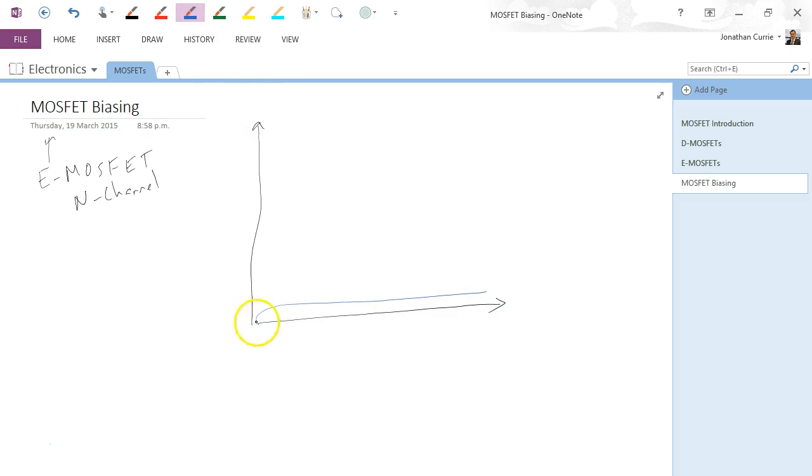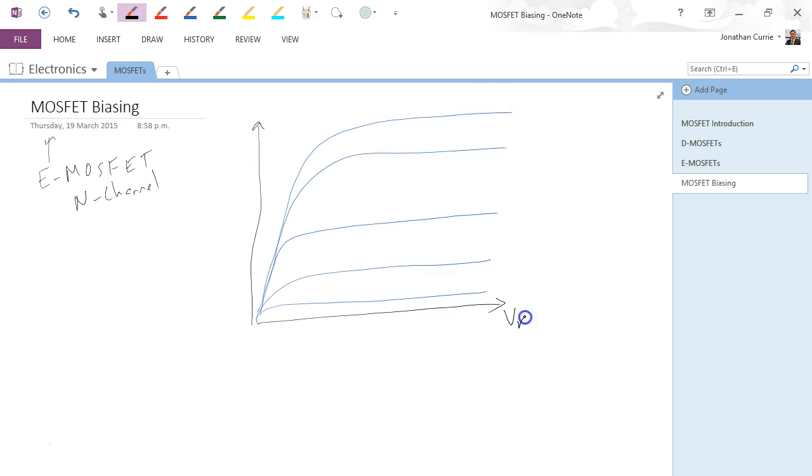So for our E-MOSFET, I have a set of curves that do something like this, where we have VDS along the bottom and we have ID along the top here. Now there's two regions that you can operate realistically in if you've actually got this device on.